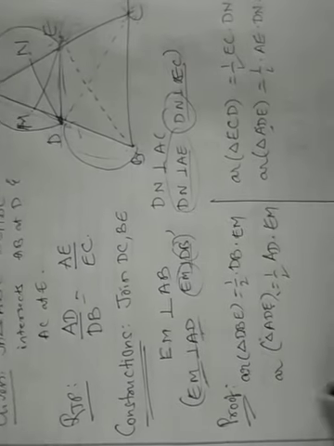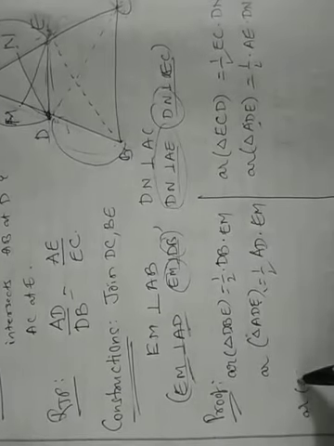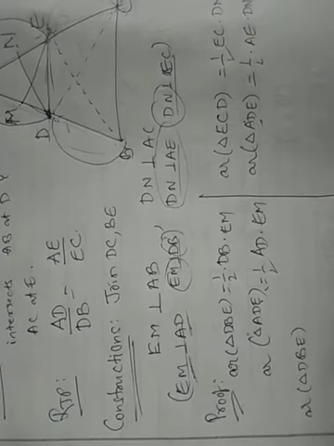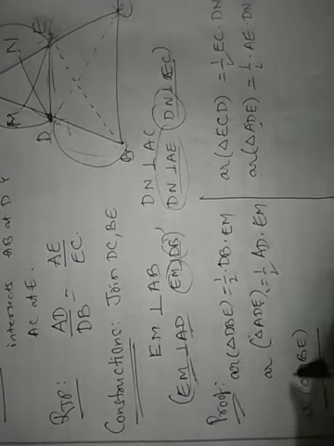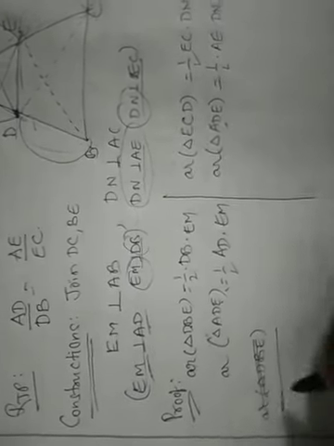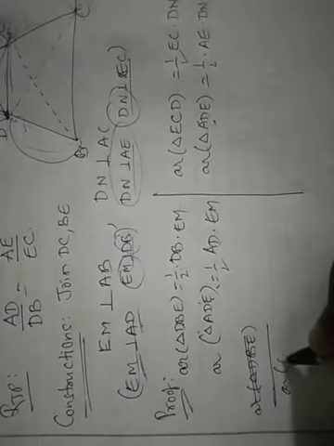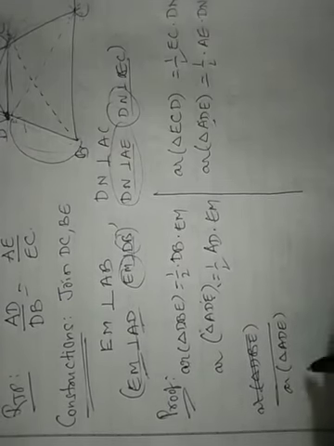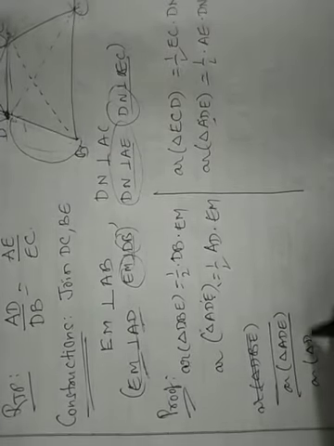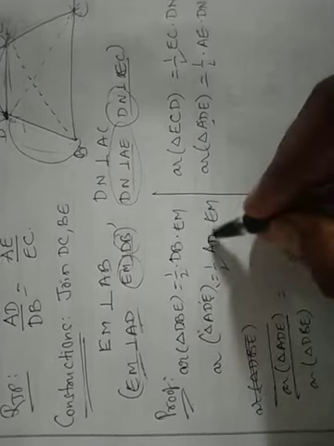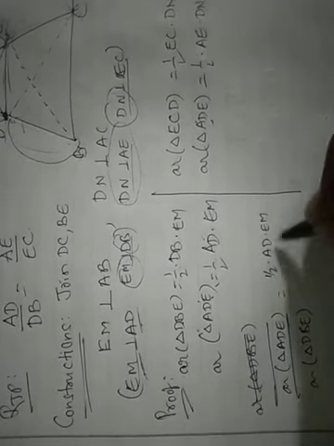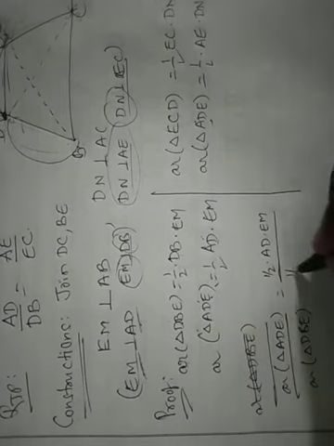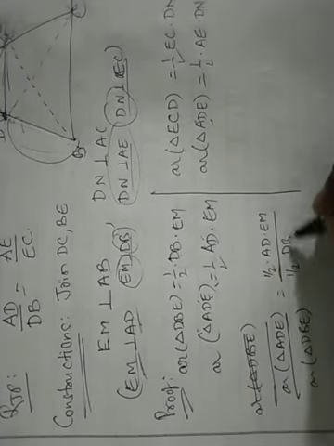Let us take this ratio. Now area of triangle DBE by, now let us take a reverse direction. First, instead of DBE, take area of triangle ADE by area of triangle DBE. So what do we get, ADE half into AD into EM by here half into DB into EM.